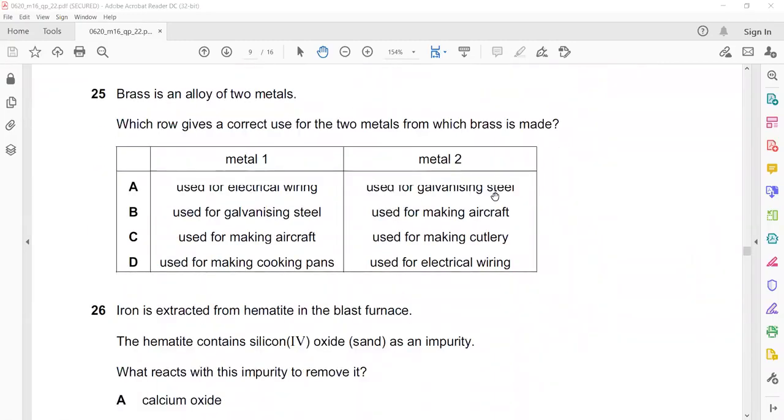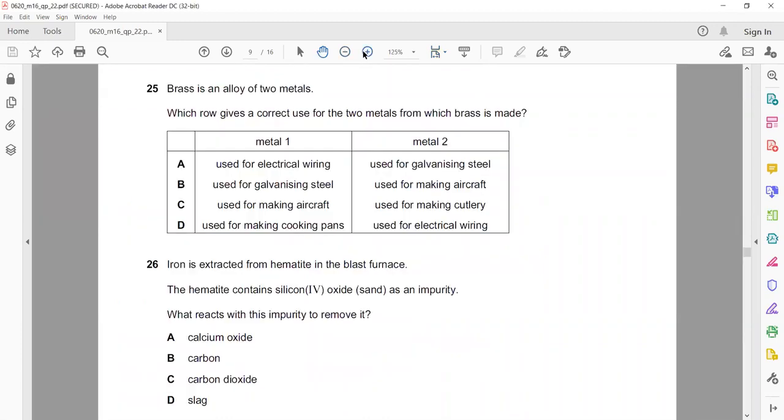Question 25. Brass is an alloy of two metals.